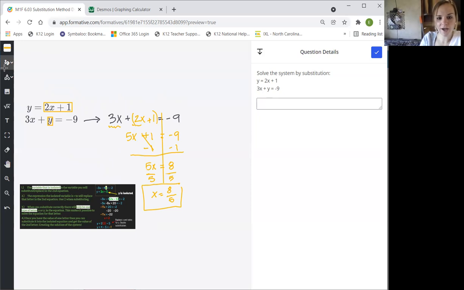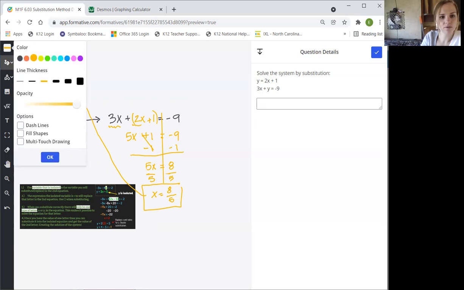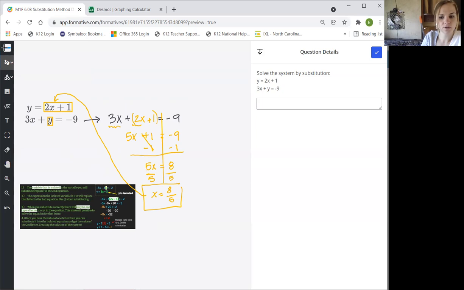And again, we need to go back and solve for that y value. So I'm going to go back and plug the x value in there. Once you do so, that gives us y equals 2 times 8/5 plus 1. And you guys, once you get here, it's all numbers. You can also use Desmos.